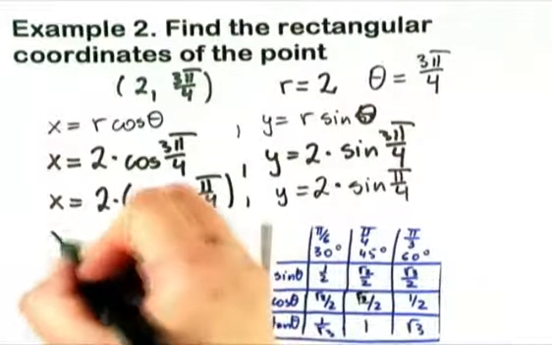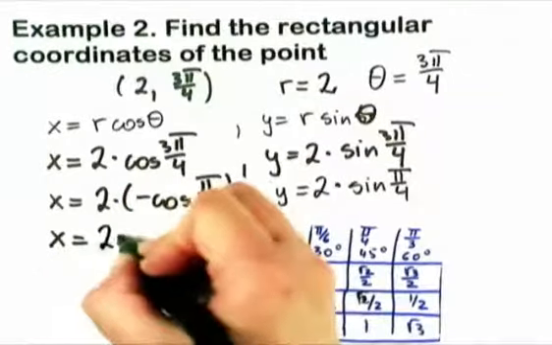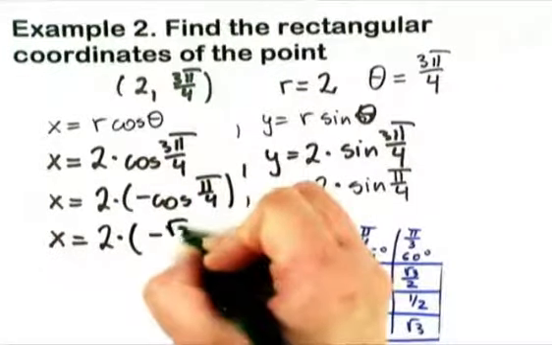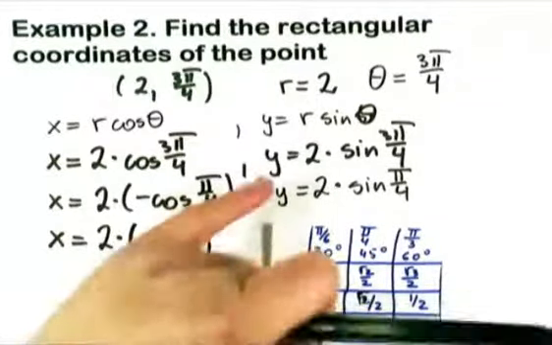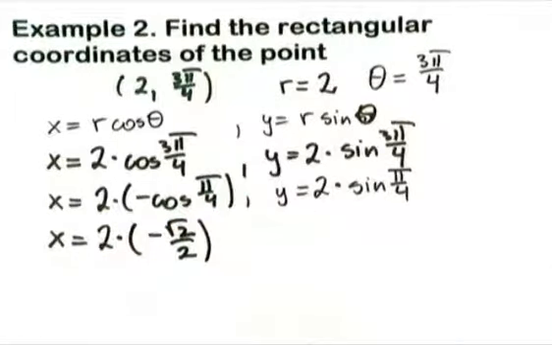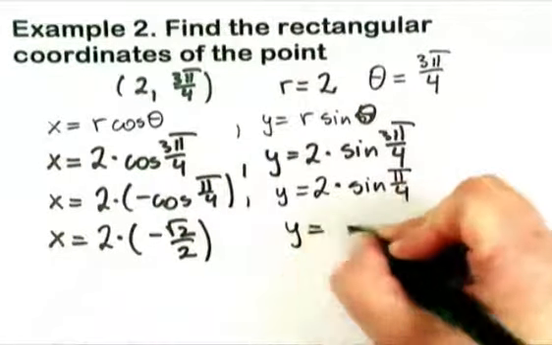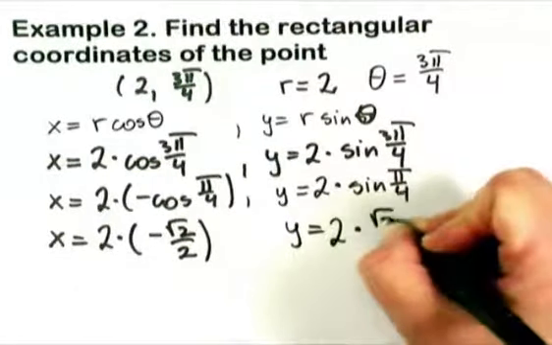So my x is equal to 2 times minus square root 2 over 2. And sine pi over 4 is also root 2 over 2. So we have that y is equal to 2 times root 2 over 2.